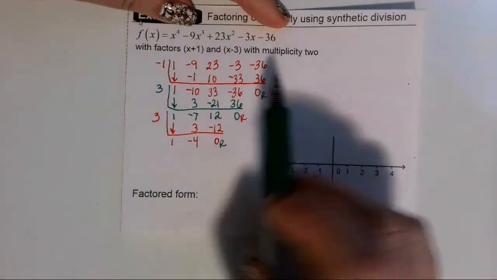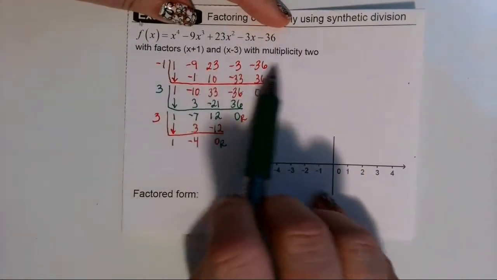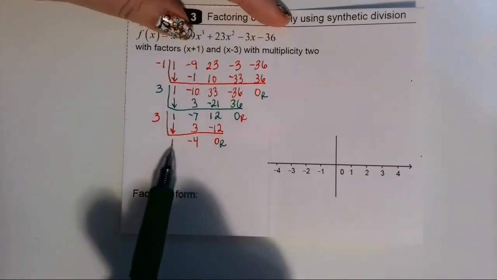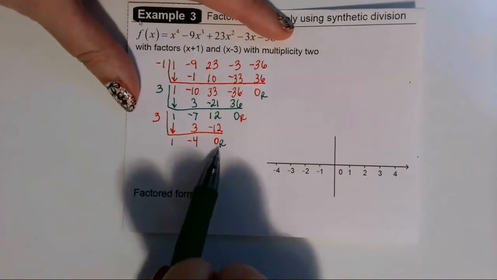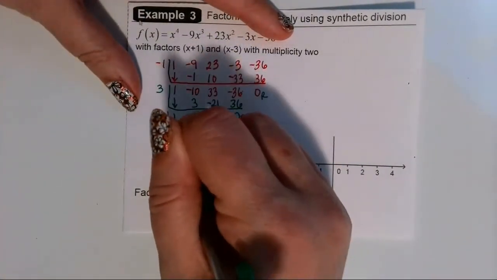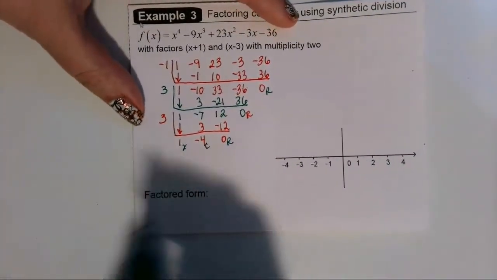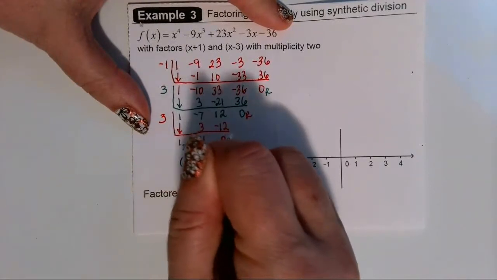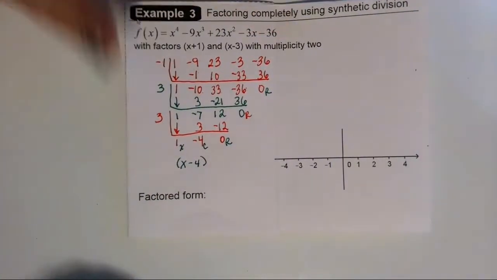Okay, and now I have used all of the given information. So I'm going to go ahead and interpret my final quotient here. So if 0 is the remainder, next comes the constant and then the linear term. So this is going to end with a quotient of x minus 4. Right?